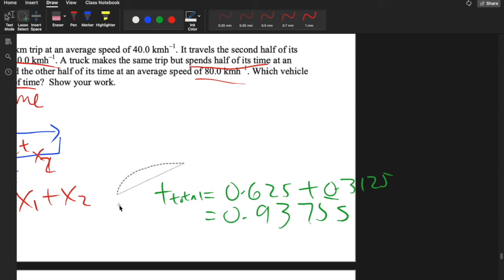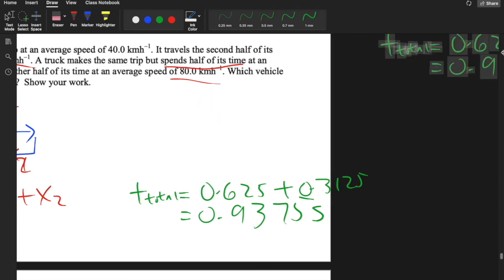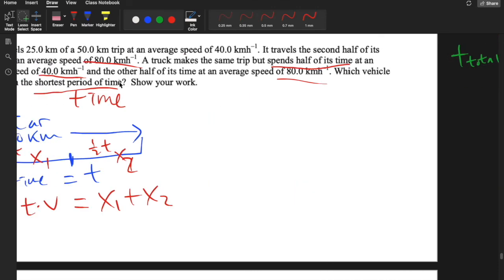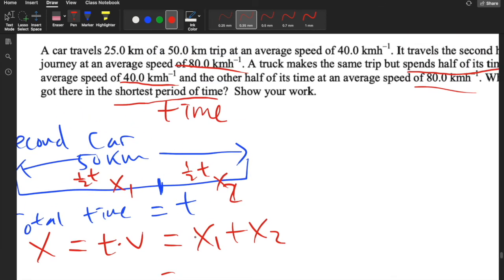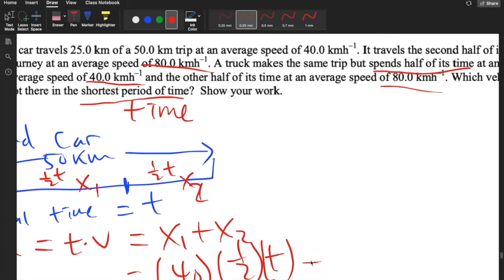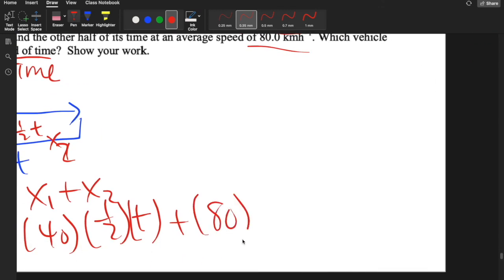Let me just move this up a little bit. So x1, we know x1 has an average speed of 14, and the time is 1/2 t. And for the second part, it has an average speed of 80. And the time is also 0.5 t.